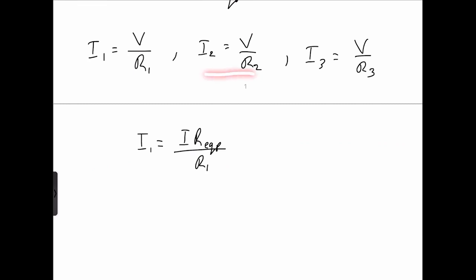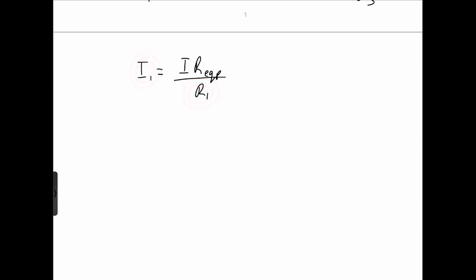For I2 and I3, we just change these and write R2 and R3. The current flowing into the branch of the network of parallel-connected resistors is the total resistance seen by the voltage source divided by the resistor that we want to find the current flowing through.